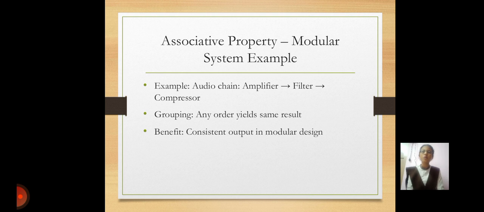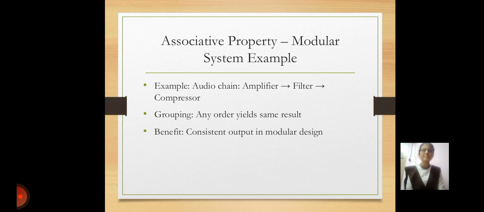The final output remains consistent because it satisfies the associative property. It gives the same results, consistent output in modular design. And these are the basic properties of LTI systems.